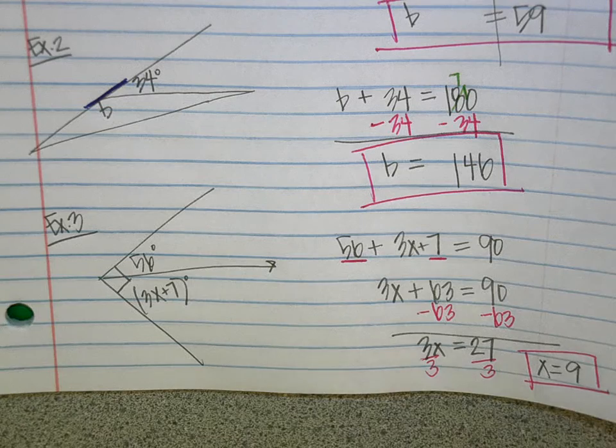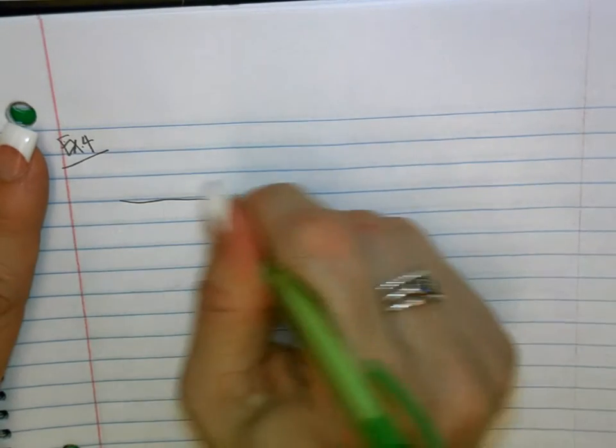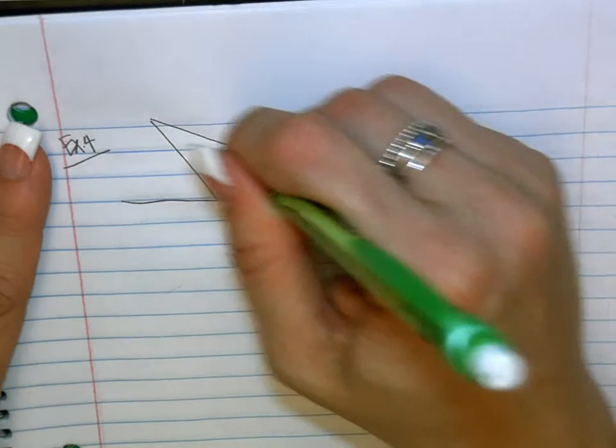Okay, last one, example number 4. Let's do a straight flat line and a triangle on here.